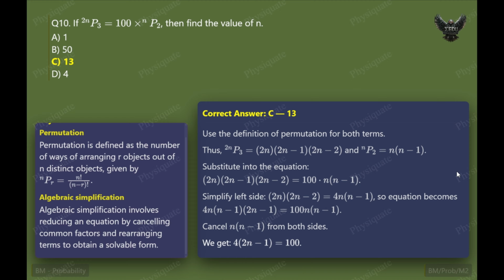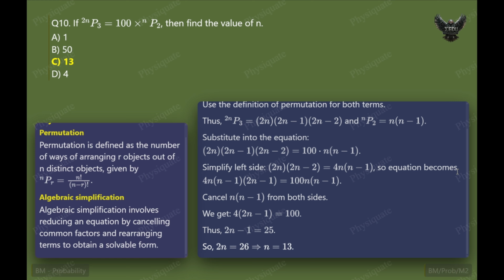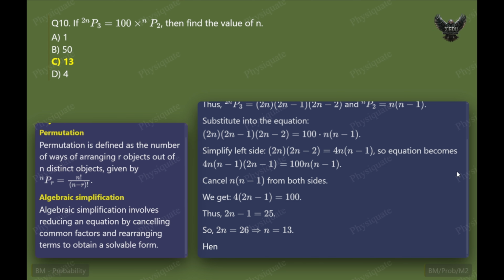We get 4(2n-1) equals 100. Thus, 2n minus 1 equals 25. So, 2n equals 26, therefore n equals 13. Hence, the correct answer is 13.